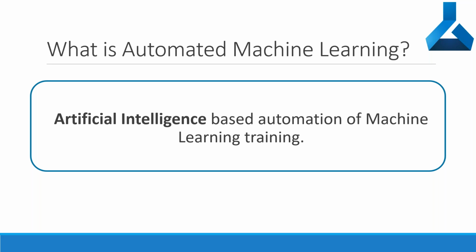When I say machine learning training, I mean the whole process that I was talking about: getting the data, finding the right algorithm, creating the model based on the different parameters that you want to apply, and finally deploying the model. Microsoft have taken it one step further, saying rather than a data scientist doing this every time, why not automate this particular process itself through automated machine learning.